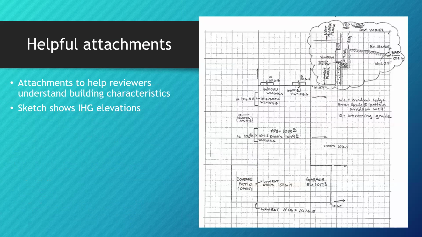A helpful attachment would be a sketch by the surveyor or the engineer that demonstrates these different elevations to help the reviewers understand what the relationship is between the lowest adjacent grade and the intervening higher grade. And there is guidance on how this type of LOMA might work in the MT-1 technical guidance.